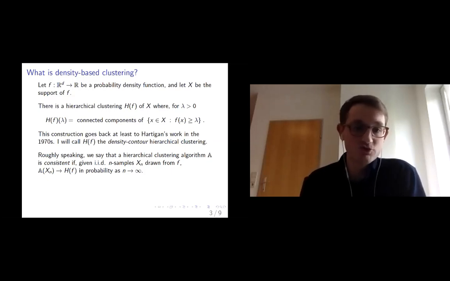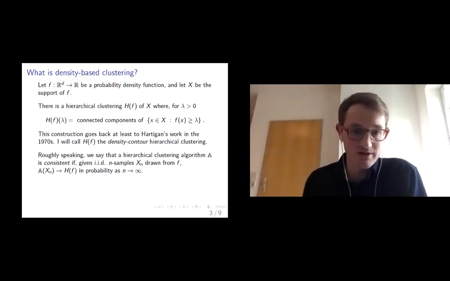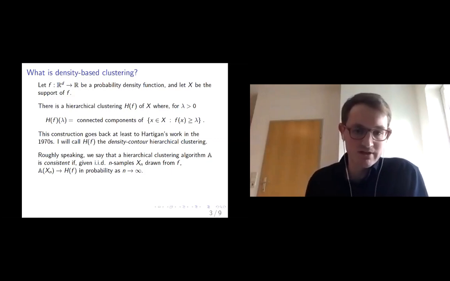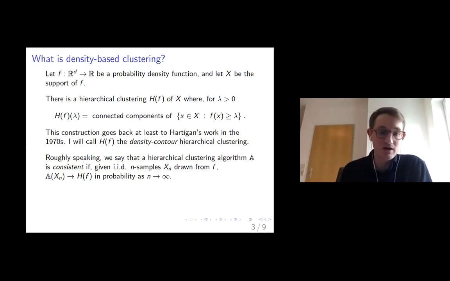This construction has been in the statistics literature for a long time. It goes back at least to the work of Hartigan in the 1970s. One of Hartigan's original names for it was the density contour tree, and that's what I'll call it today.